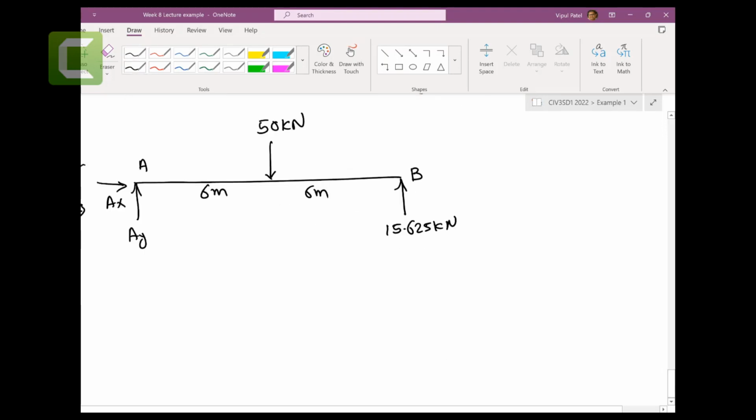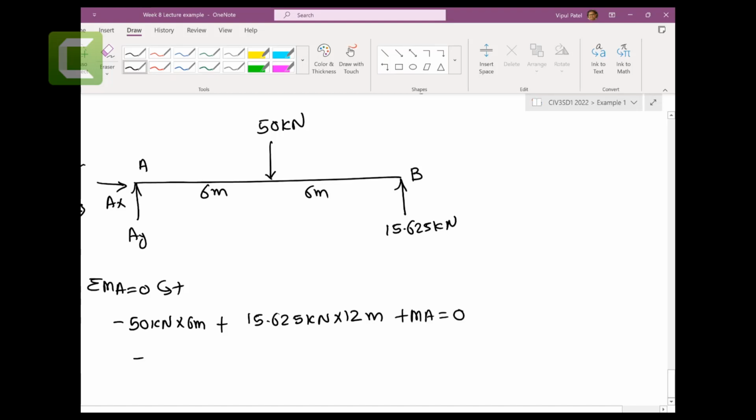Now in this case, you can take a moment at point A equal to 0, anti-clockwise is positive. You have done this many times, right? 50 kilonewtons times 6 meters plus 15.625 kilonewtons times 12 meters and plus MA equal to 0. So this is minus 300 kilonewton meters.